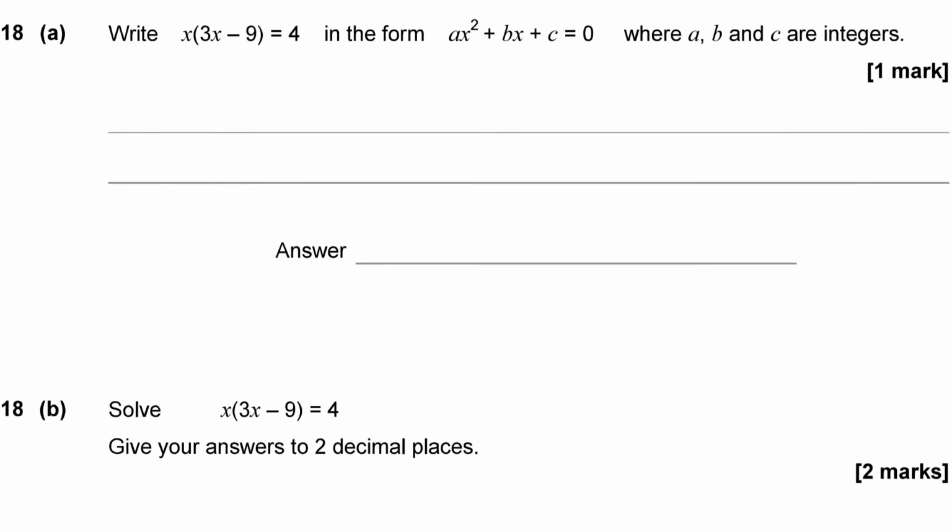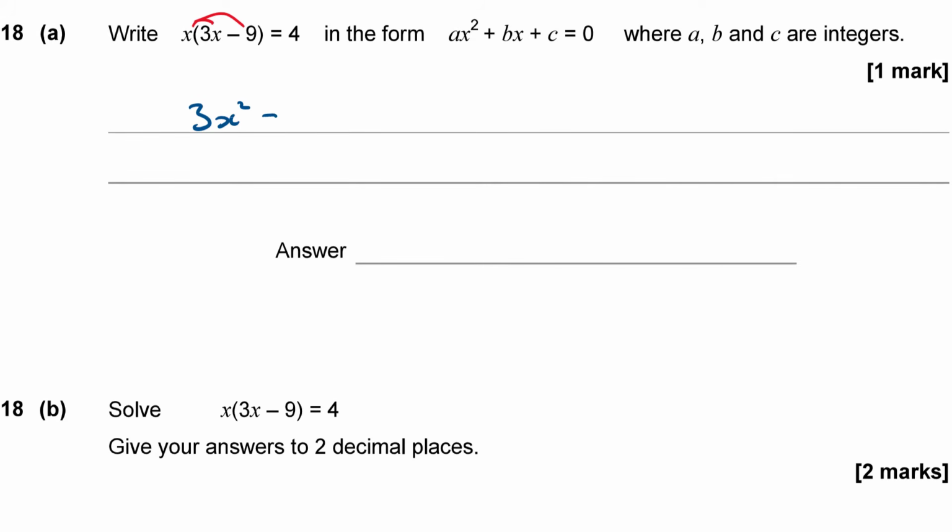Question 18a. Write x multiplied by 3x minus 9 equals 4 in the form of ax squared plus bx plus c is equal to 0, where a, b, and c are integers. Okay, so let's start by multiplying out the brackets. So x times 3x is going to give me 3x squared.